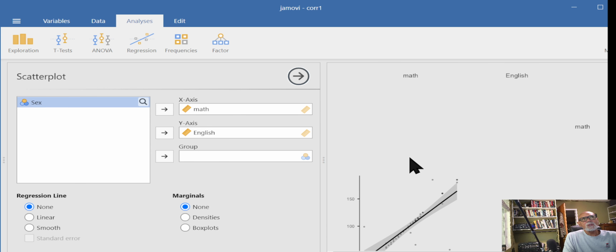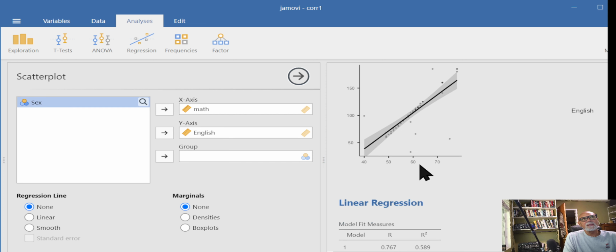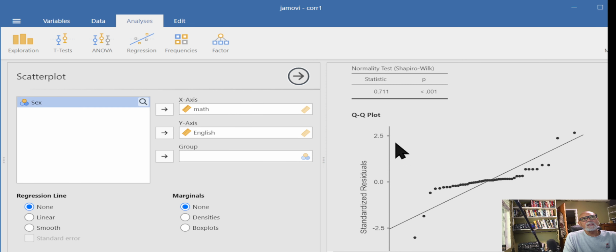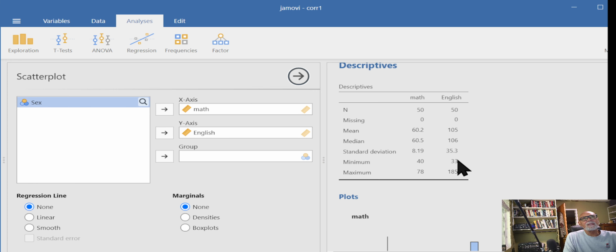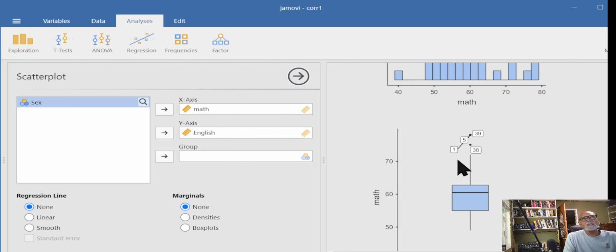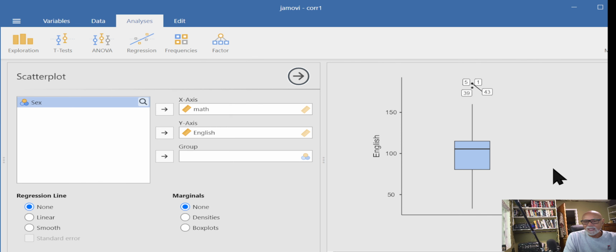So that should get you started. We've done the correlation, we've done the regression, we've looked at the assumptions, and it's up to you to discuss the output in relationship to the coefficients and assumptions.